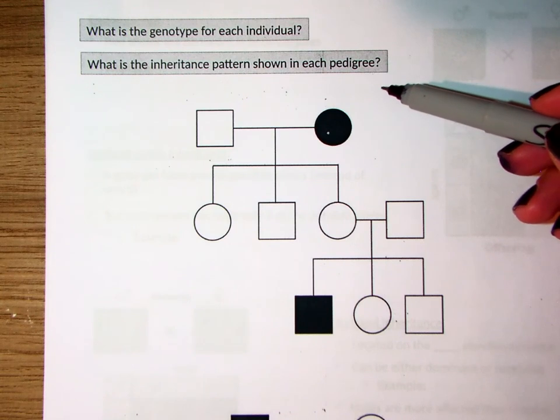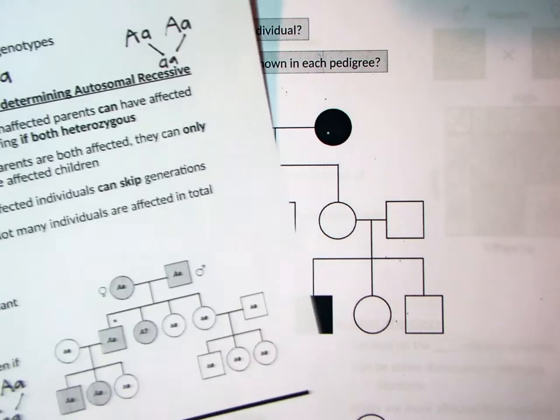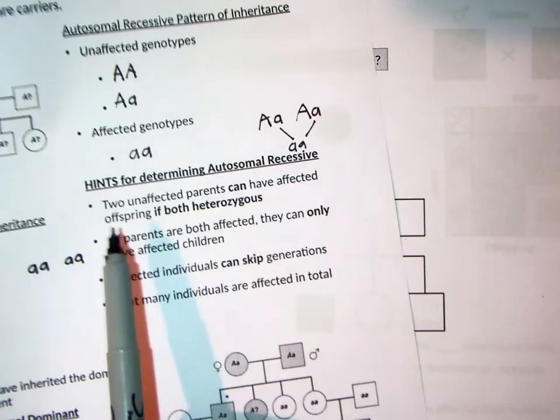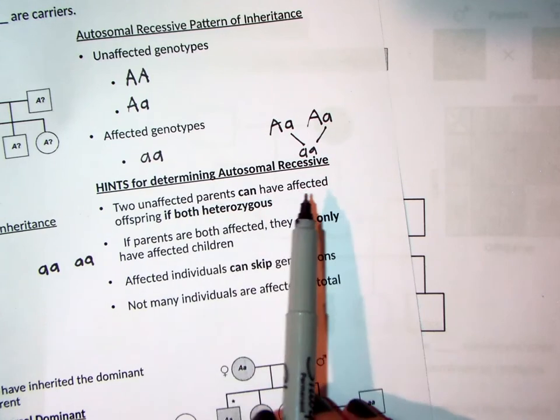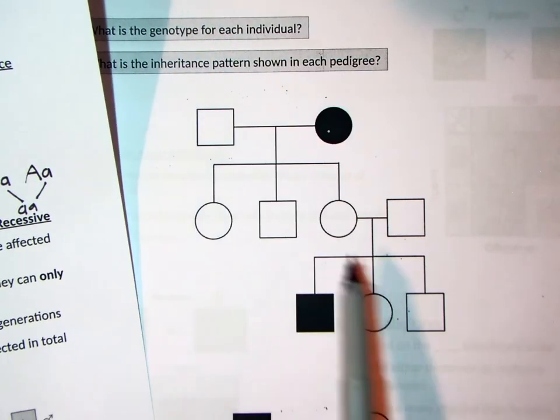So just take a minute and look at this. We'll look at our tips. Let's see if we think it's autosomal recessive. So 2 unaffected parents can have affected offspring. So we do have 2 unaffected parents that have affected offspring.